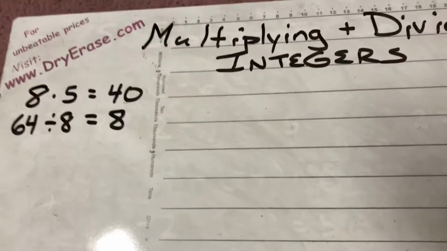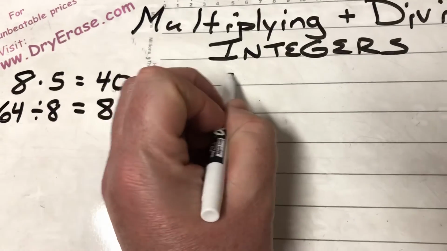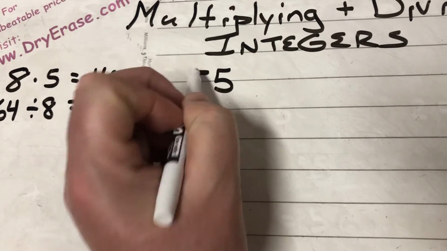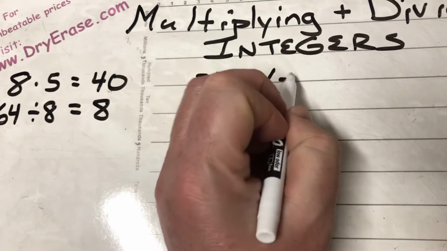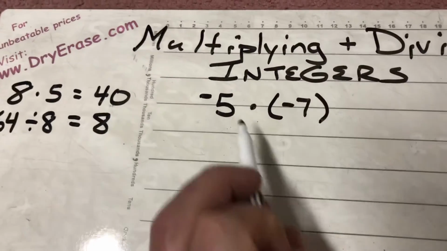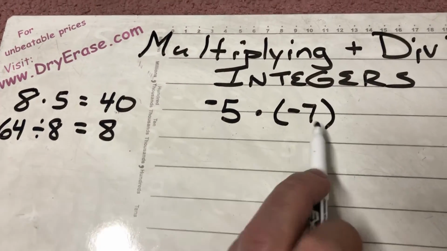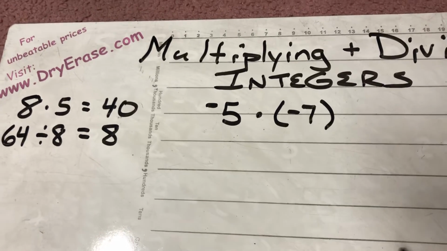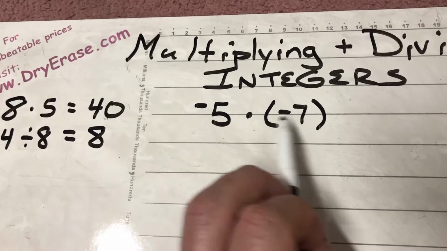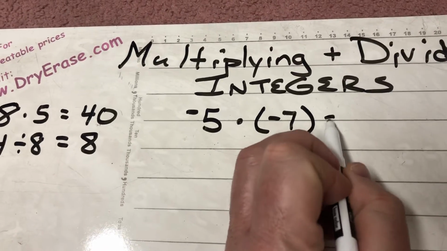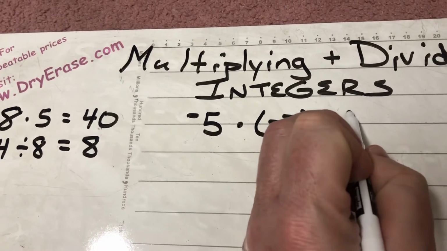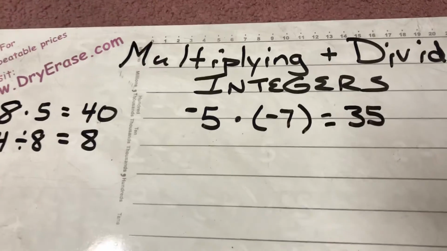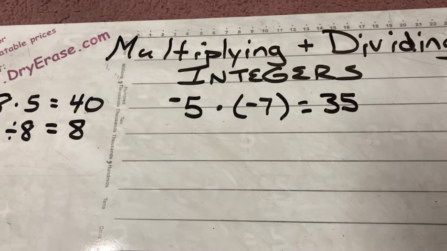Now let's say that both numbers are negative. Let's say that I have negative 5 times negative 7. Once again, you'll notice that I'm separating operational signs with parentheses. I don't want to put my multiplication sign and my negative right next to each other. If both numbers are negative in a multiplication problem, my product is going to be positive. That's probably backwards of what you may initially think.